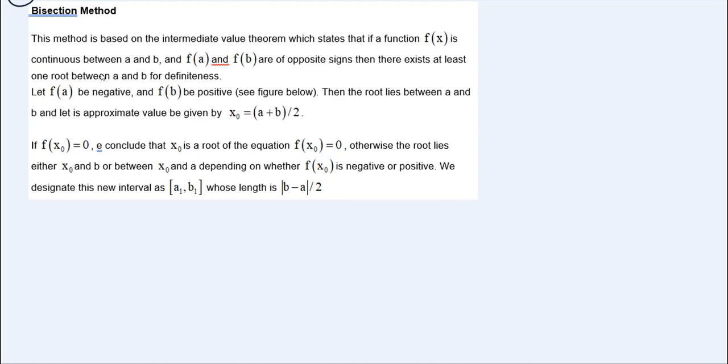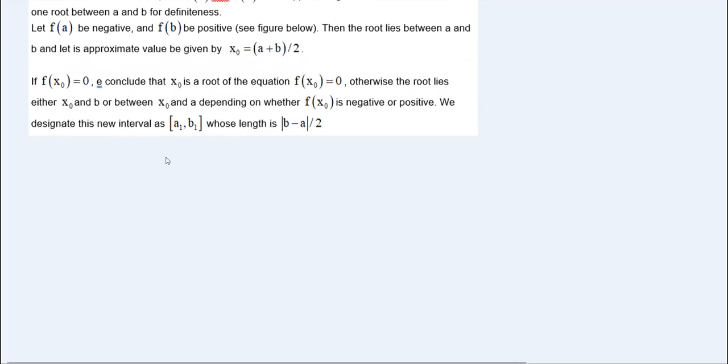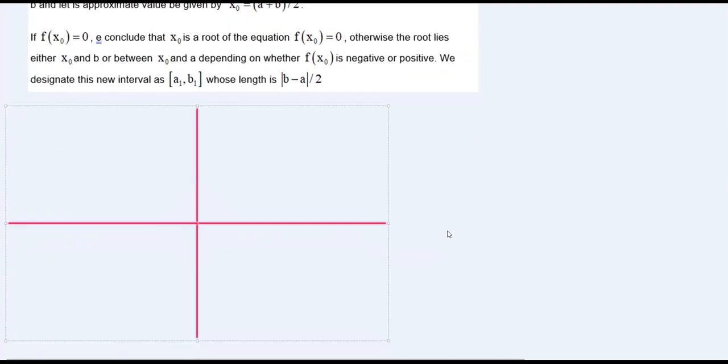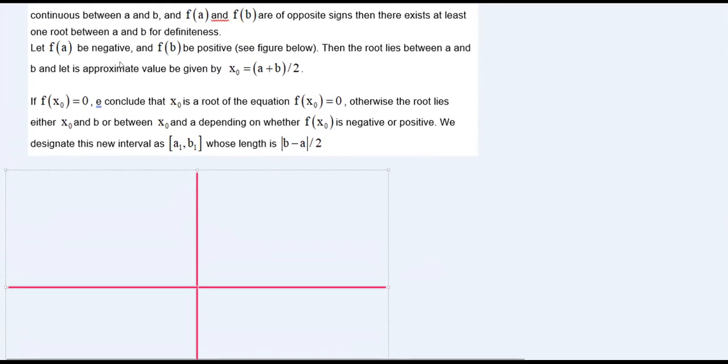Let's take an example. Let f of a be negative and f of b be positive. Then the root lies between a and b.